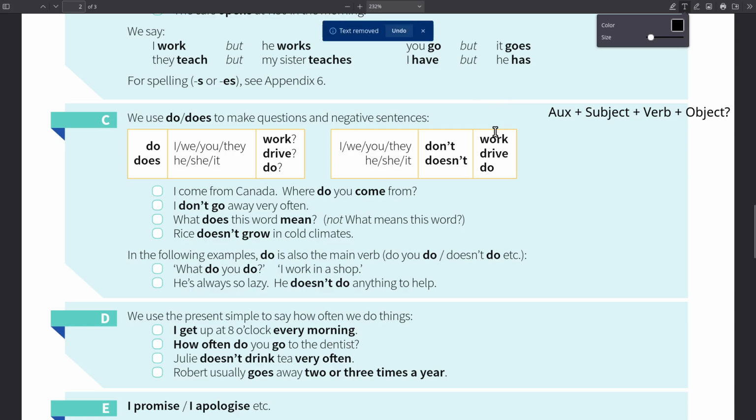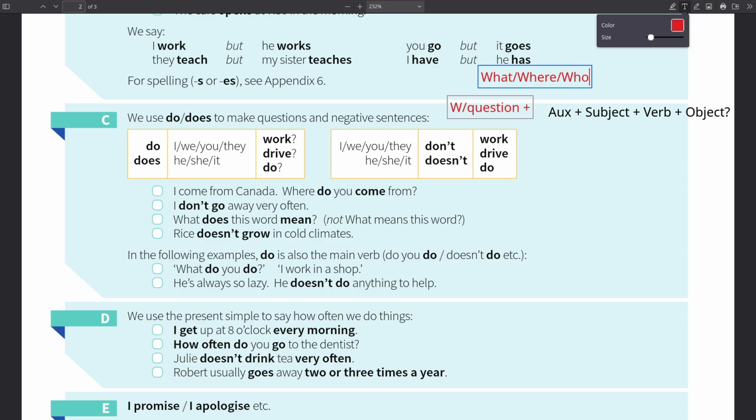So this double question includes what, where, could be who, right? What, where. I think that's it, I guess. Anyway, let's move on to the next part.